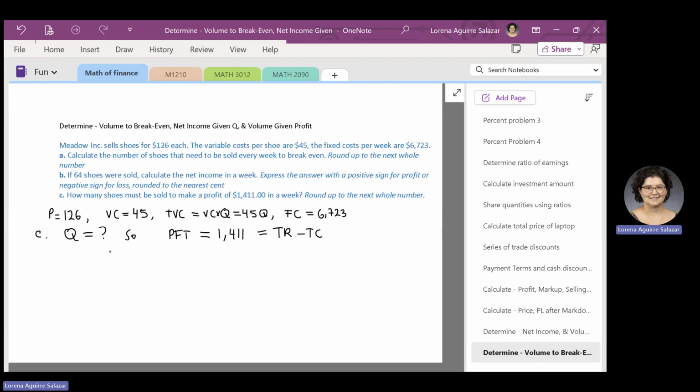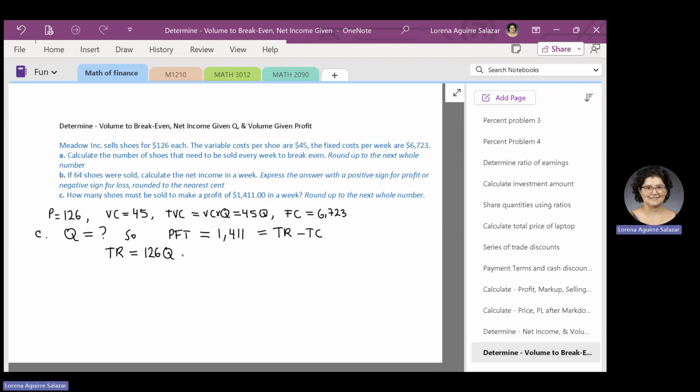Now the total revenue depends on P and Q. We have the multiplication of the selling price per unit, in this case shoes, 126, by the number of units sold. We don't know what Q is, so we just write Q.